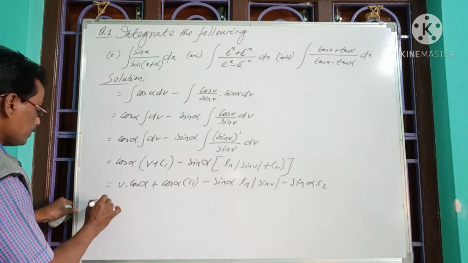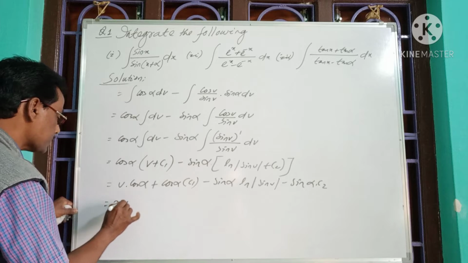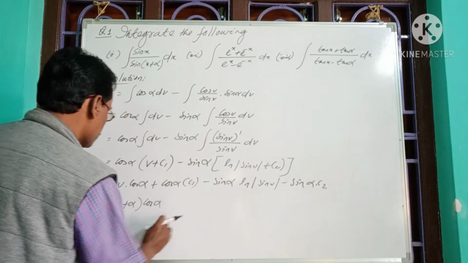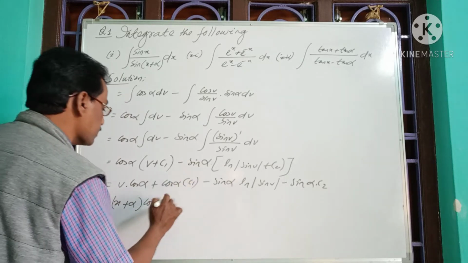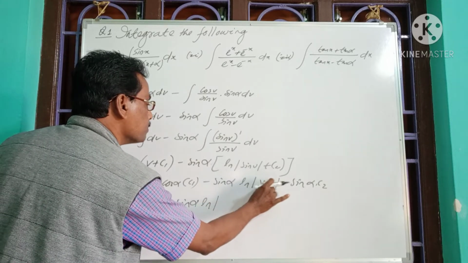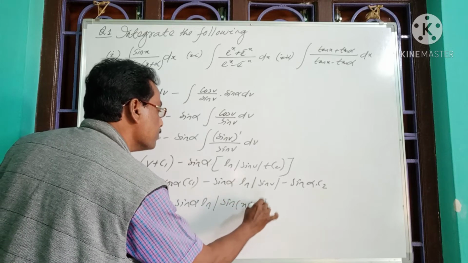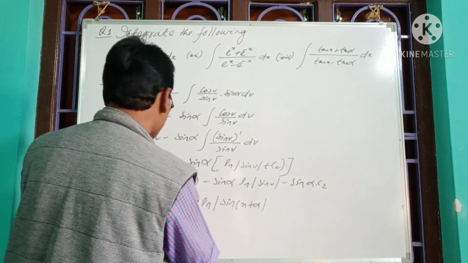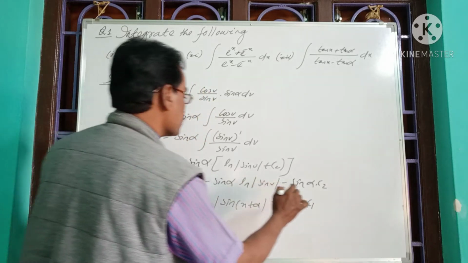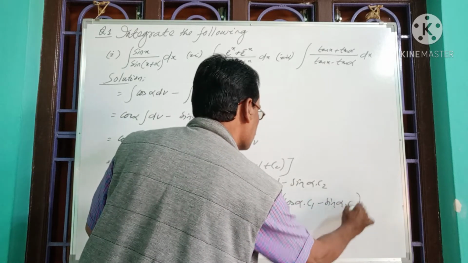So now in place of v we have x plus alpha, so x plus alpha into cos alpha minus sin alpha into ln of mod sin of x plus alpha, plus cos alpha into c1 minus sin alpha into c2. So collecting those constants we got like this.